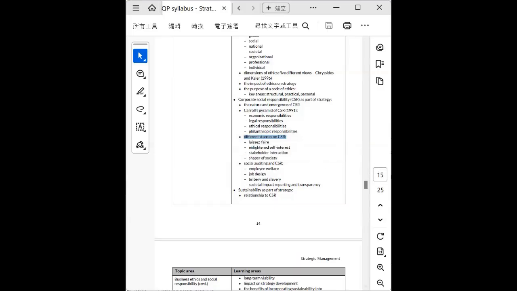So you look at the view of your company, all right? Enlightened self-interest aligns CSR with long-term business success, recognizing that ethical behavior benefits both the society and the company.